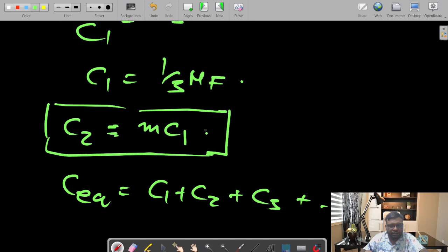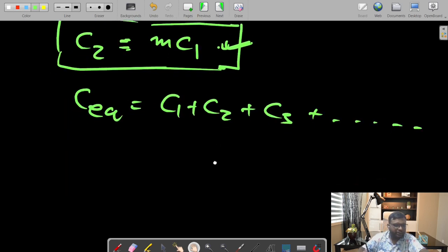If you calculate the total capacitance for M equal to 1, 2, 3 rows, you can verify this mathematics. This is simple basic mathematics and nothing else.